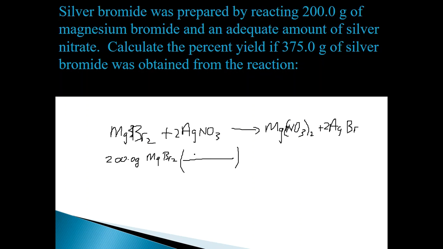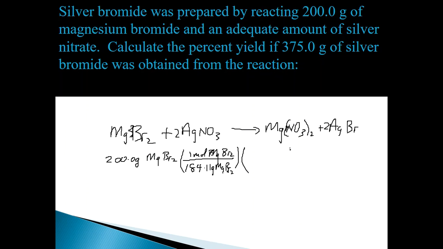So we have to convert that to moles. So you're going to have 1 mole of MgBr2 down here, the molar mass of magnesium bromide, MgBr2, and according to my calculation, that's 184.11 grams of MgBr2. And then we look at the mole ratio between magnesium bromide and silver bromide.